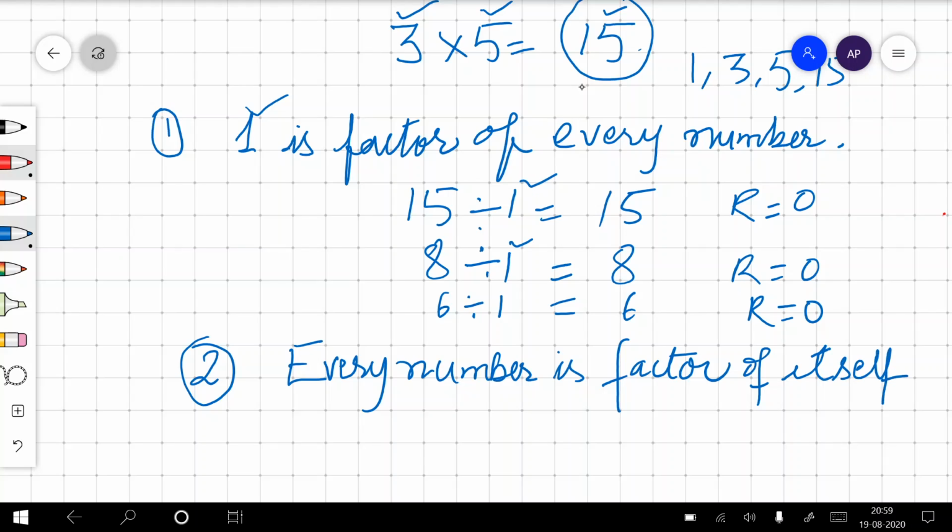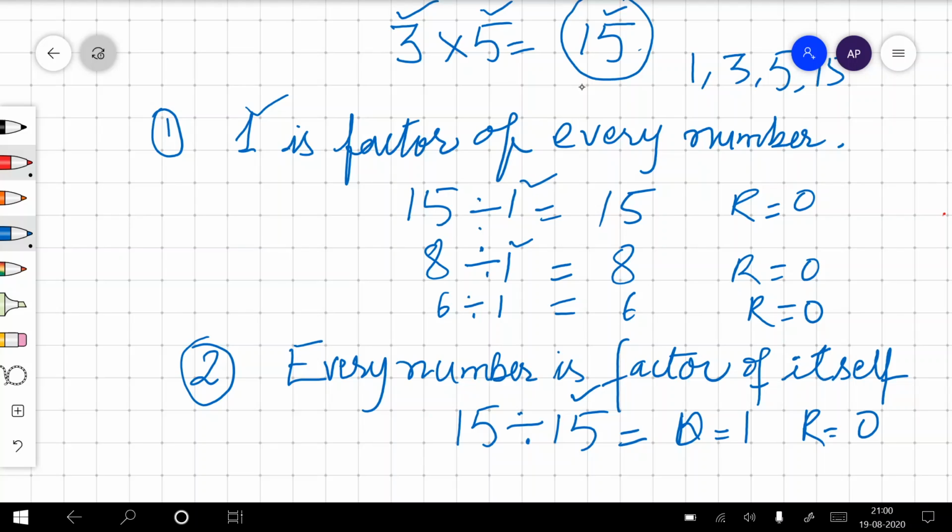You know, this is very simple. It means if the number is 15, we divide this number by 15, then the quotient will be 1 and the remainder 0. It means 15 is a factor of 15.